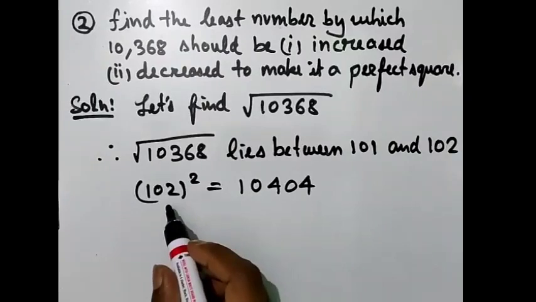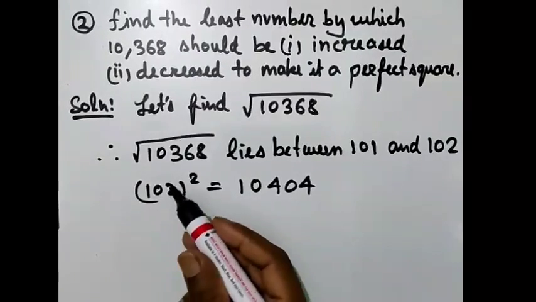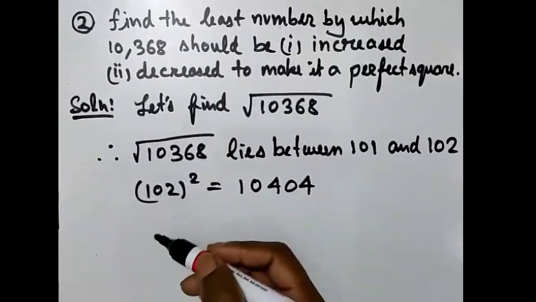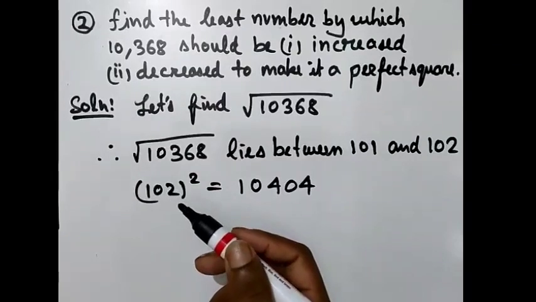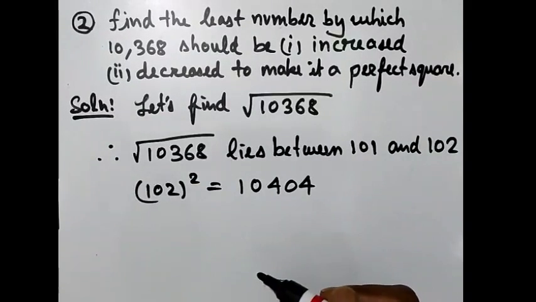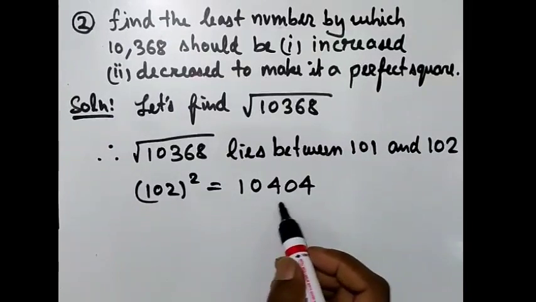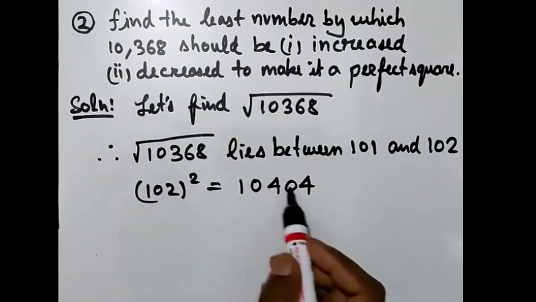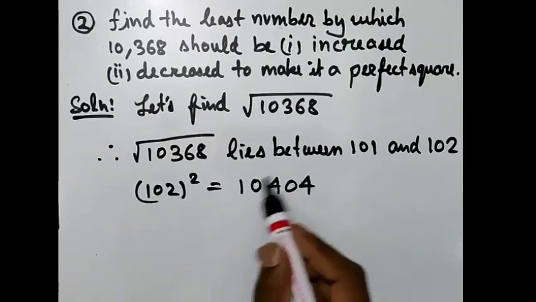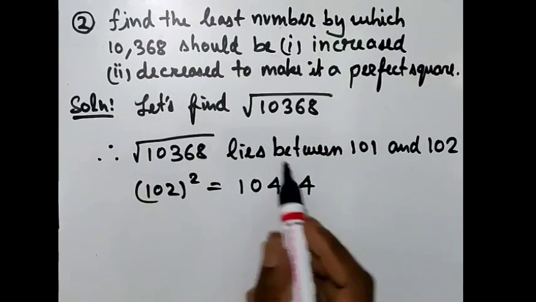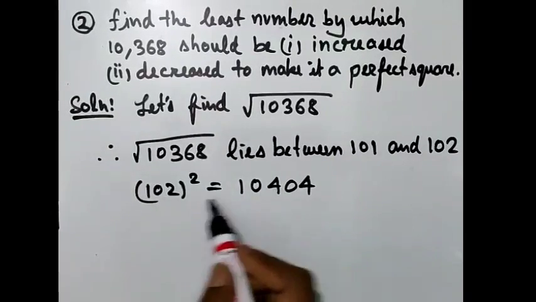Now you can find the square of 102 by multiplying 102 by 102, or you can use the algebraic formula that you have learned. So 102 square is 10,404, that is more than this, but this is a perfect square number, because if we find the square root of this number, we'll get 102.